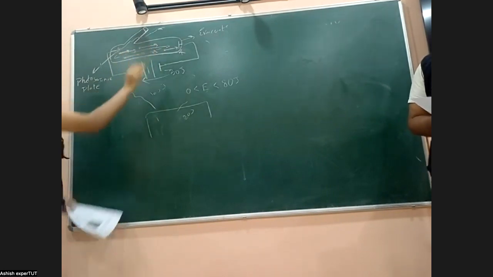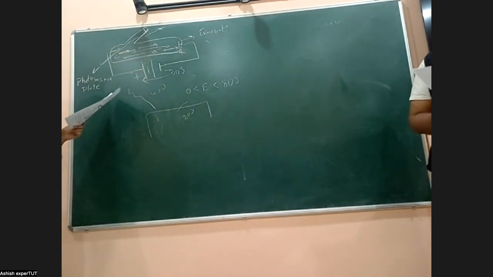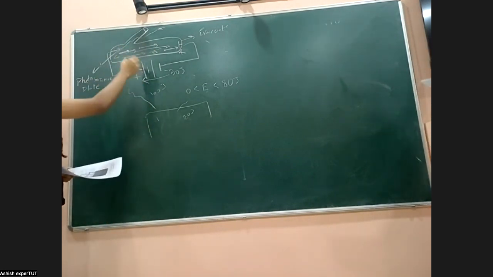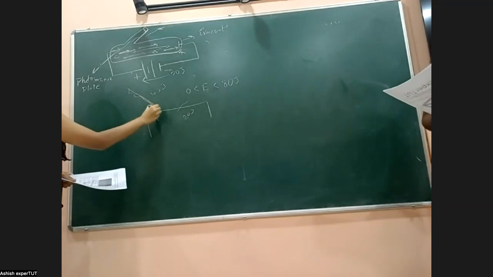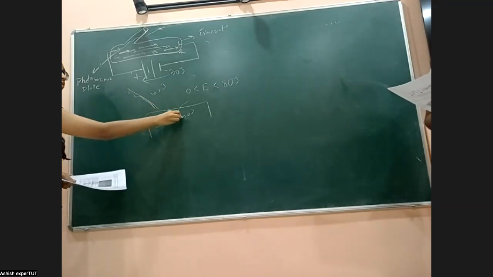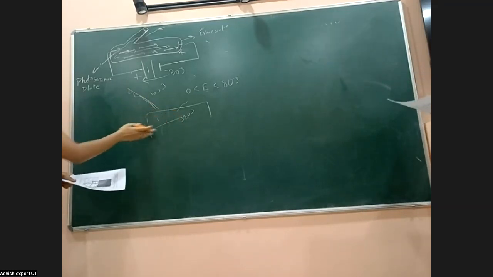And then we are using 30 J again. So it's still the same as this one. It's like it's getting attracted to the anode.